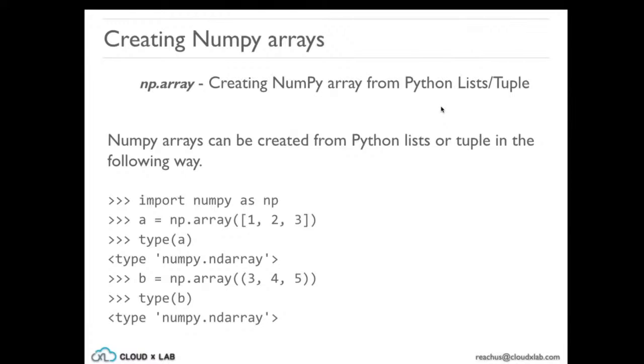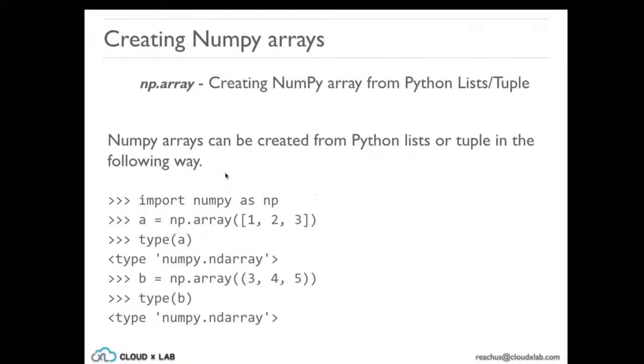Now, NumPy arrays. What I'll do is I'll be using a combination of slides, and then I'll be jumping into hands-on with my notebook to do the actual demonstration. NumPy arrays can be created from both Python lists or tuples like this.